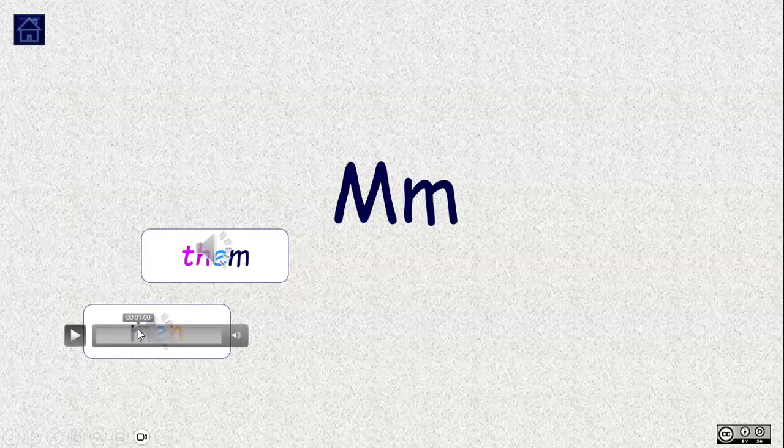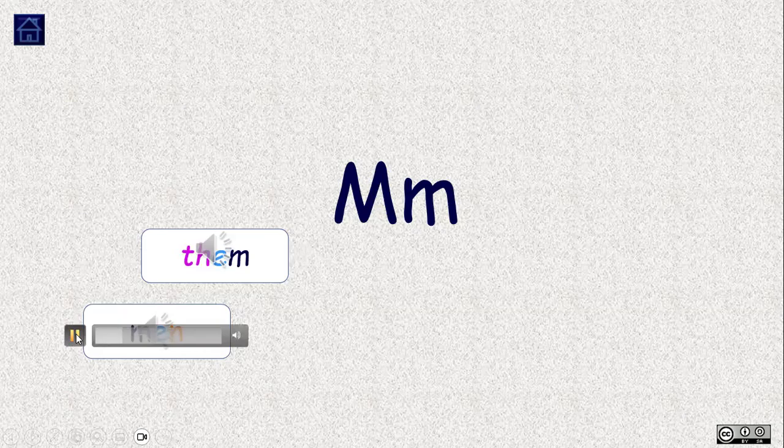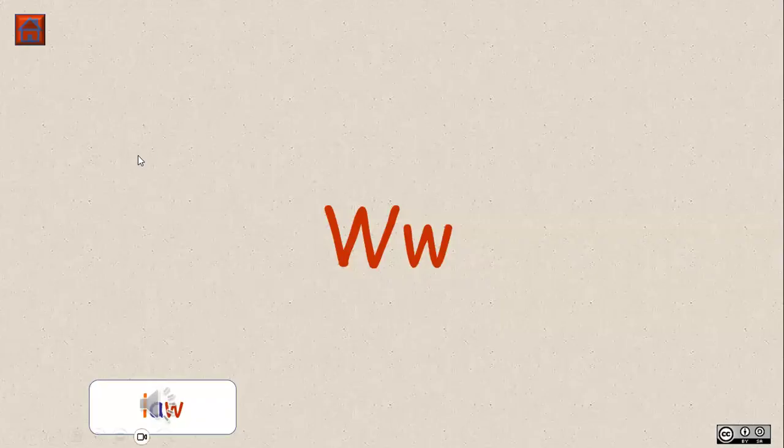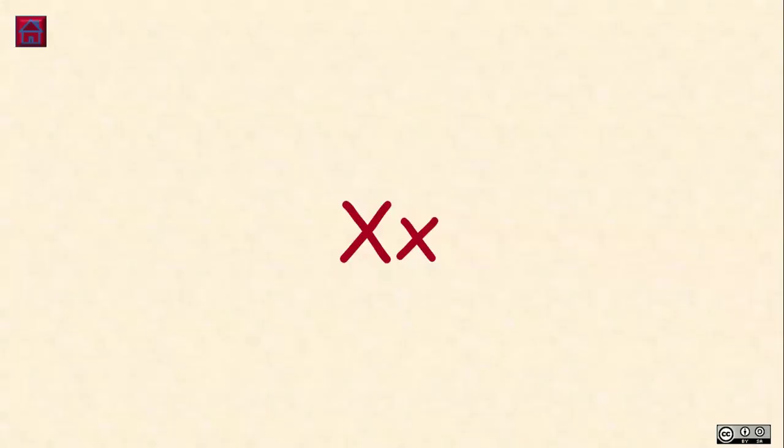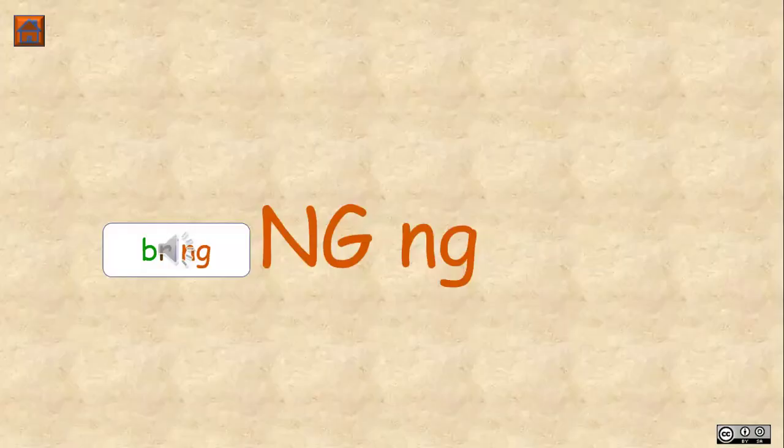This is the M page. Them. Men. This is the W page. Law. Even though we can't get the W sound button to work on the home page, it still says W. We don't have any words today.